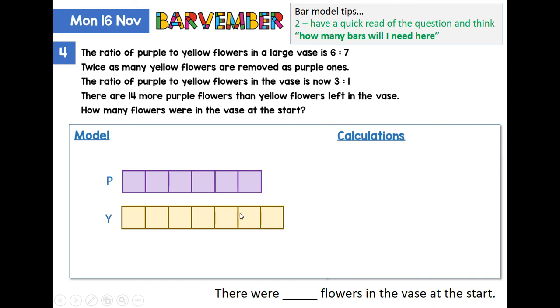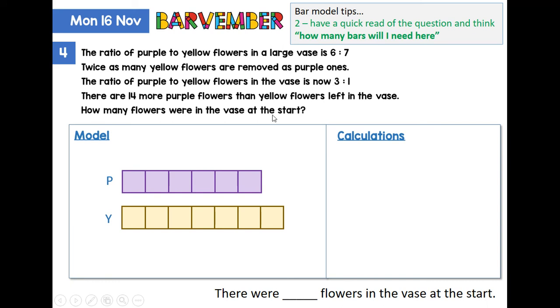If I took away 4 yellow ones and 2 purple ones, I'd have 3 yellow ones left, 4 purple ones. But I don't really know how many to remove. The ratio of purple to yellow flowers in the vase is now 3 to 1.